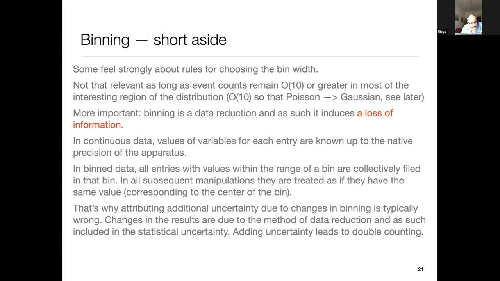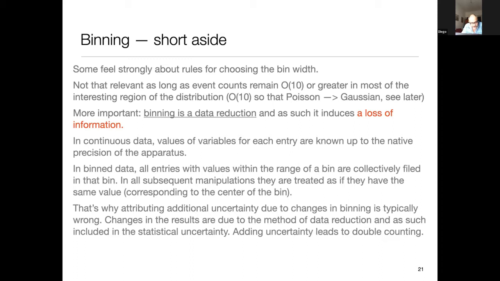So here is a short aside on the binning, which I'm not going to spend time on. You can read that and then get back to me with questions if you're curious. But many people feel very strongly about how one would have to bin the data. I don't think this is a very important statistical problem, as soon as the bin has enough statistics, enough entries, maybe 10 or more.